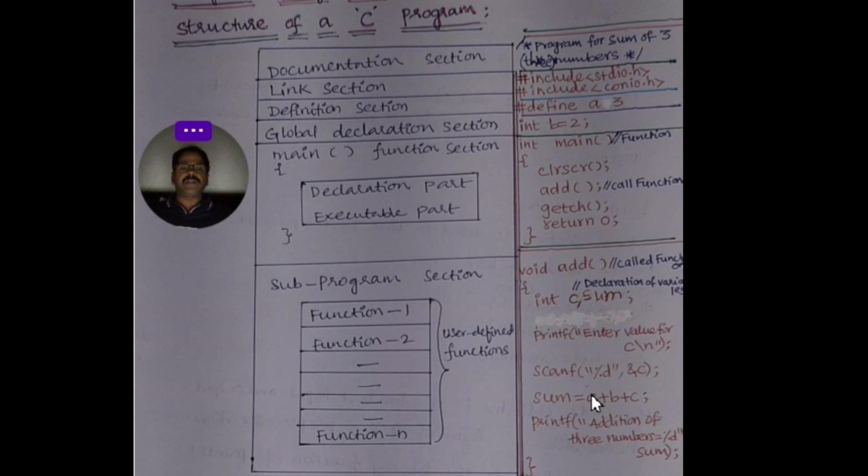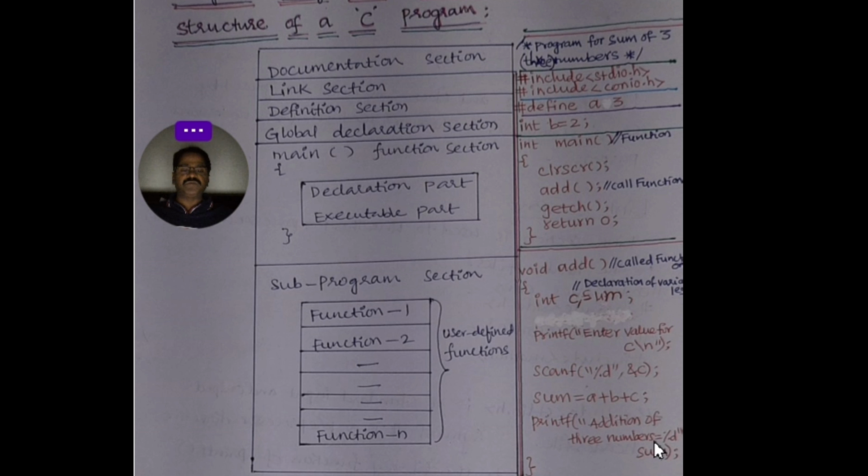We can use a value, and b is the global value, a global declaration and initialization. We can use that b value anywhere. Next, the c value, I read in this function. Sum is a plus b plus c. The three values, 3 plus 2 plus 1, 6 will be assigned to the sum variable.